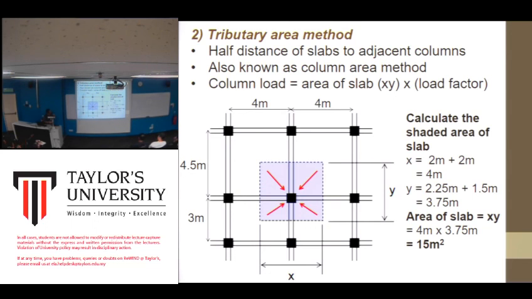This should be 2.5, and this should be 1.5. So this is slightly different. You get the dimensions correct, and in this case you just calculate the area first, the shaded area. You haven't included the load factor yet.